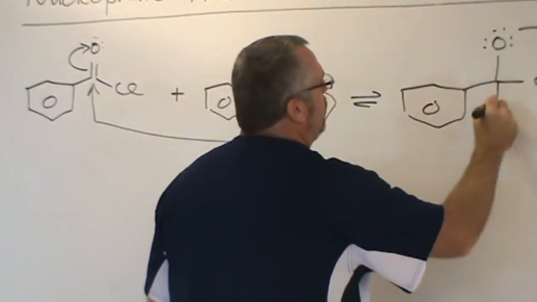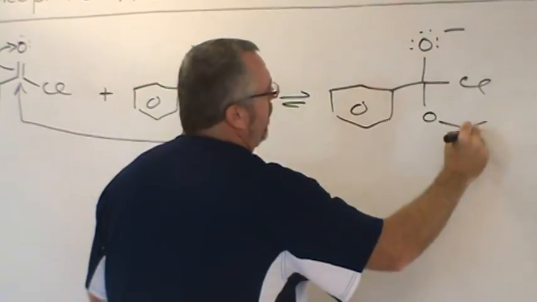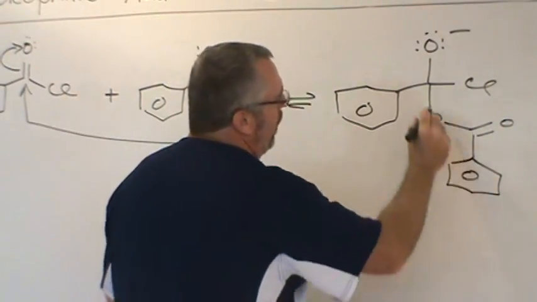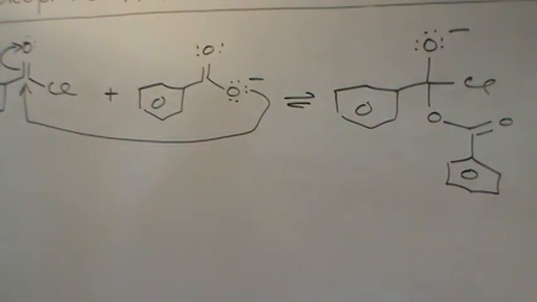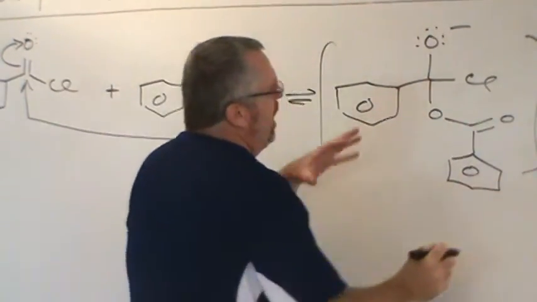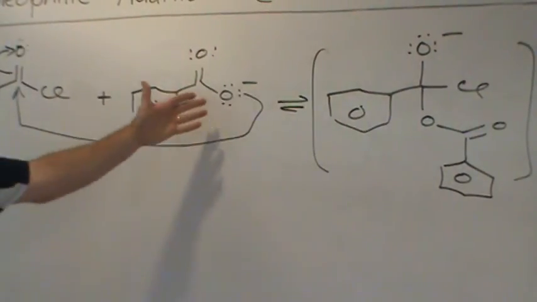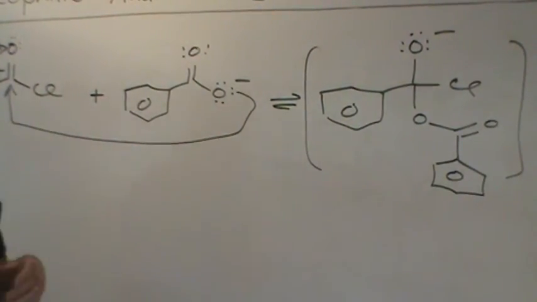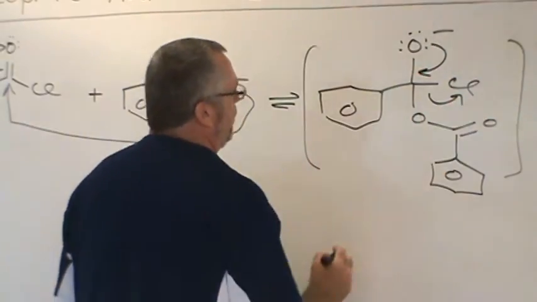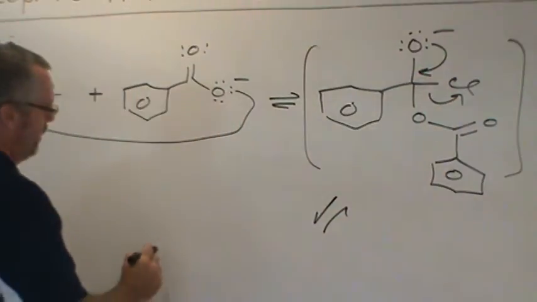There's our leaving group, and there's our carboxylate anion, which came in and now is covalently bound to the tetrahedral carbon. This time you're not producing an oxonium ion because you started out with a negatively charged species here. So all you have to do is reform the carbon-oxygen pi bond, kick off the chloride, and you're there.